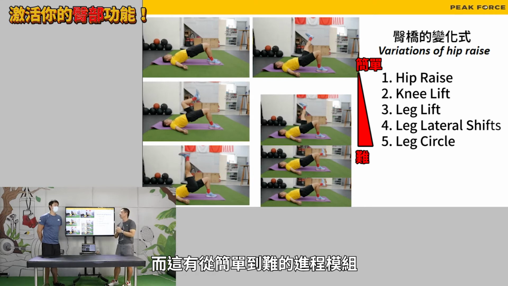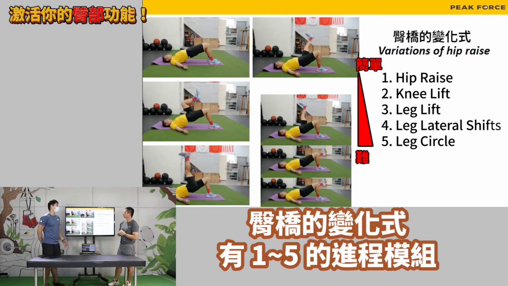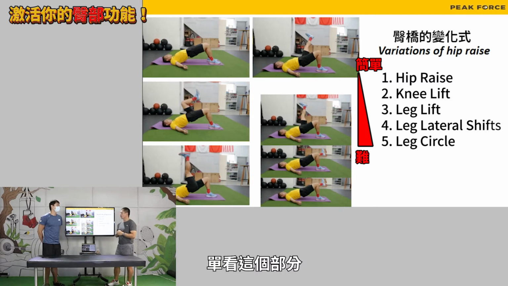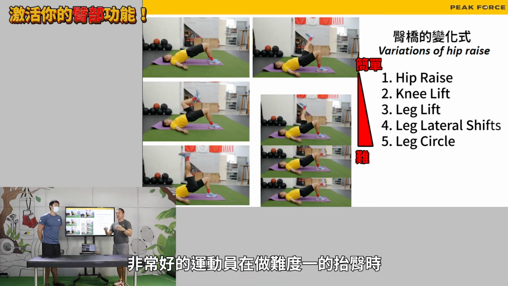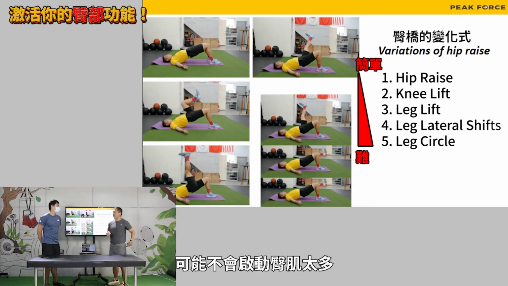And this one has a little bit of progression model to make it from easy ones to harder ones as the progression. 好，那所以很多人在训练的时候，就有一起经历过这个过程，就是臀桥式的变化型。那可以看到这里有1、2、3、4、5，它就是一个进程，你可以从等级1，然后到等级5这样的进程来做训练。 So just by looking at this, I have total level 5 of hip raise exercises. For example, really good athletes doing a level 1 of hip raise probably doesn't activate the glutes a lot because they're strong enough.